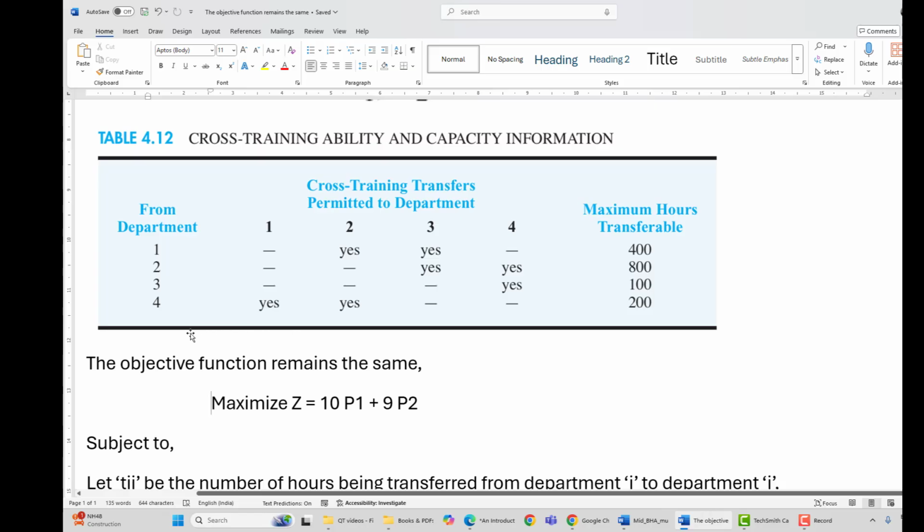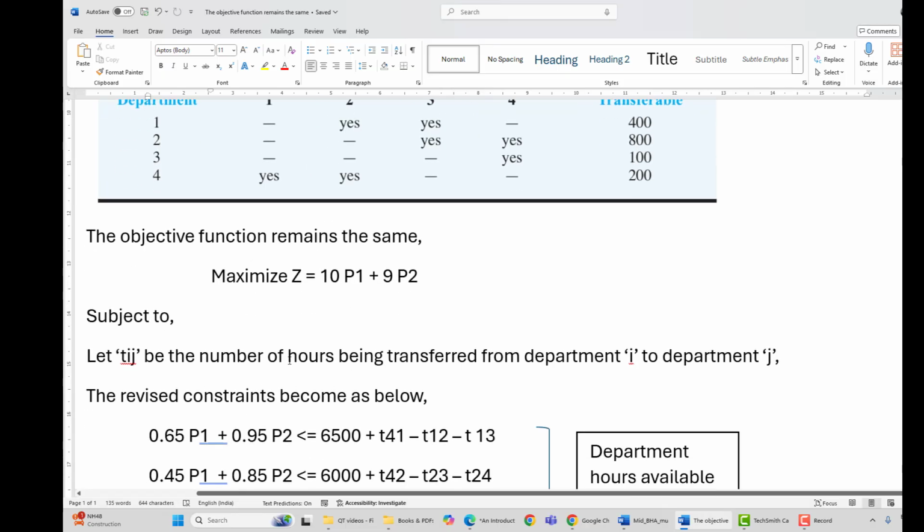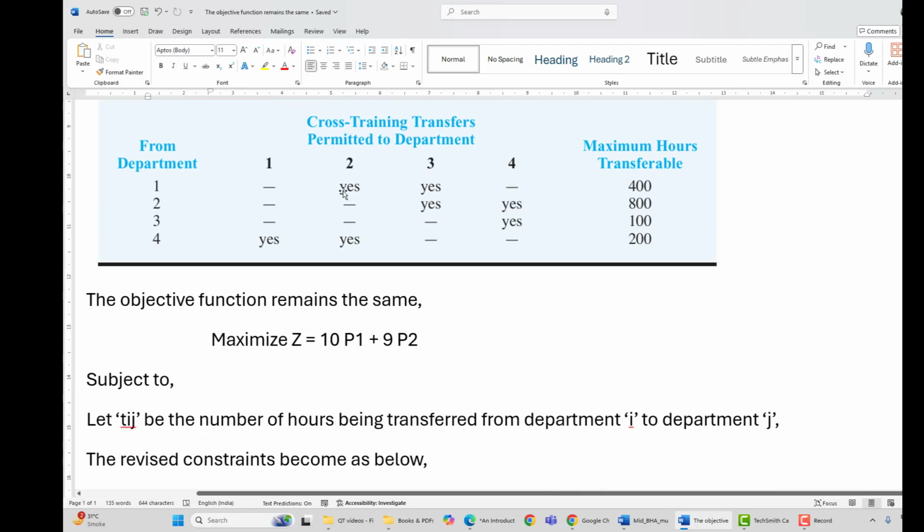The objective function will remain the same: we want to maximize 10P1, the contribution of the first product, and the contribution of the second product. Now let Tij be the number of hours being transferred from department i to department j. So this one is T12, this one is T13, like that.